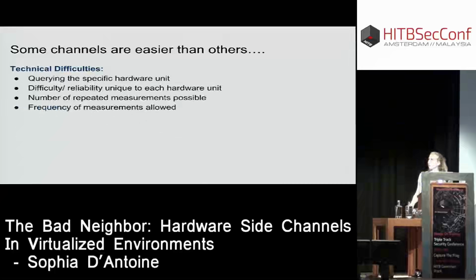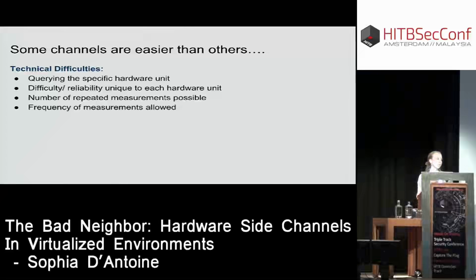All right, so there's some difficulties associated with different mediums that you choose. So is it easy or not to actually query that hardware unit? Like I said before, the cache is pretty deterministic in the sense that you can see if your value is in memory or not at a specific location. But other hardware units are less reliable or more difficult to measure.